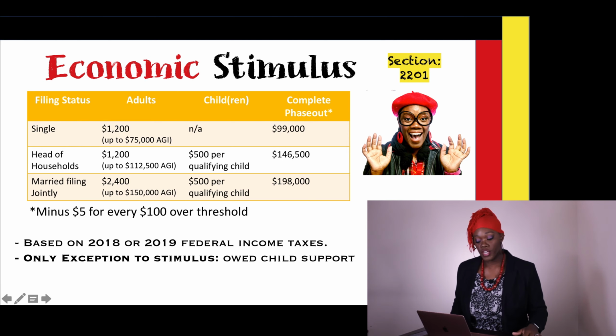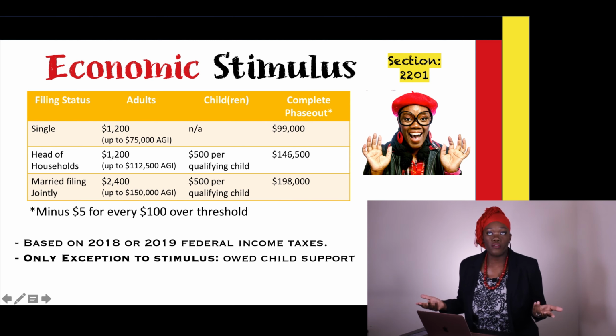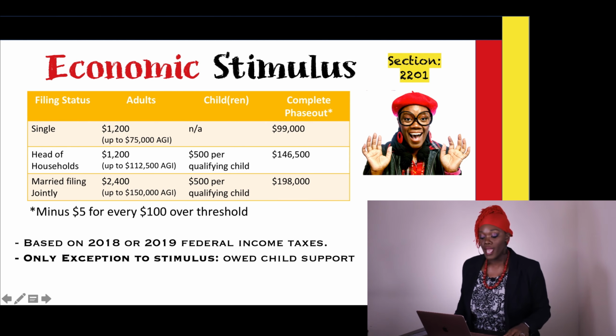Then you get $500 for each one of your kids, and this phases out at $146,500. If you're married filing jointly, then you get $2,400, basically $1,200 for you and your spouse, and that's up to $150,000 AGI. This phases out at $198,000. Once again, you get $500 for each kid.